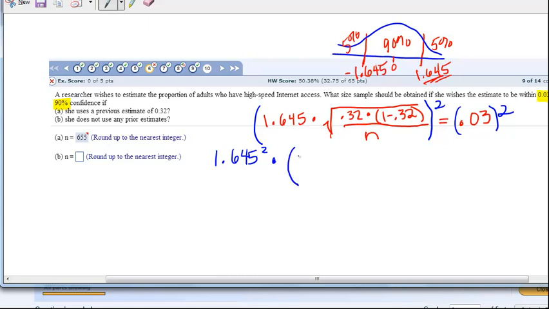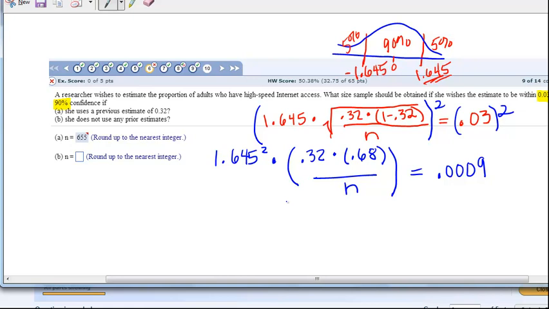And then we'll simplify here. So we've got 0.32 times 0.68 divided by the sample size. And then 0.03 squared is 0.0009.